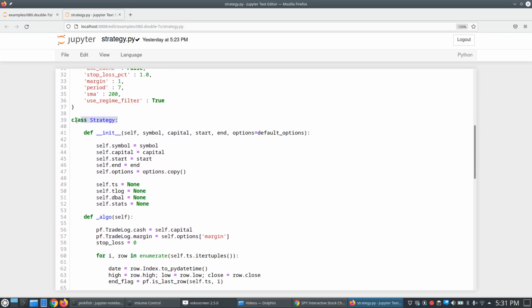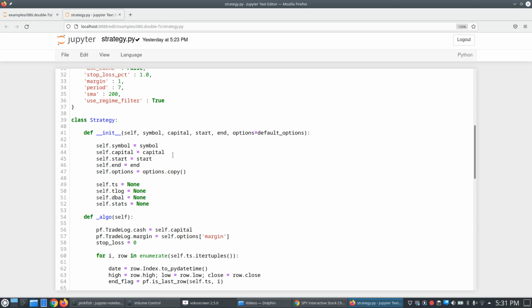And the reason I do that is that when I run the optimizer, each one of the iterations of the strategy, it's going to be an instance of this class, and I'm going to store the results in a dictionary. So that's why I use a class for this.